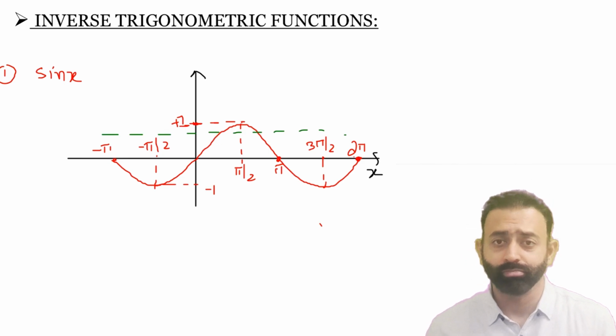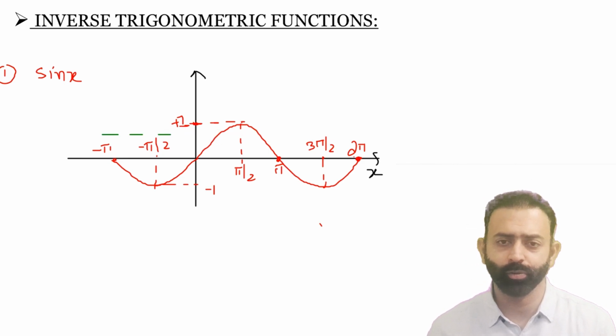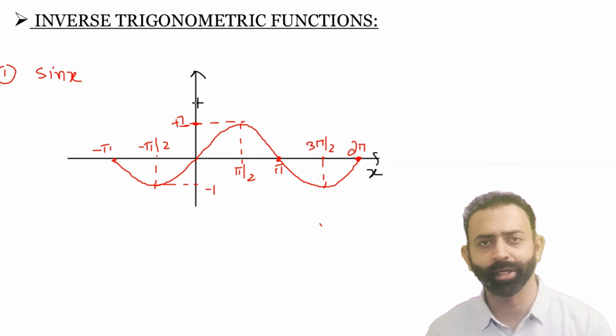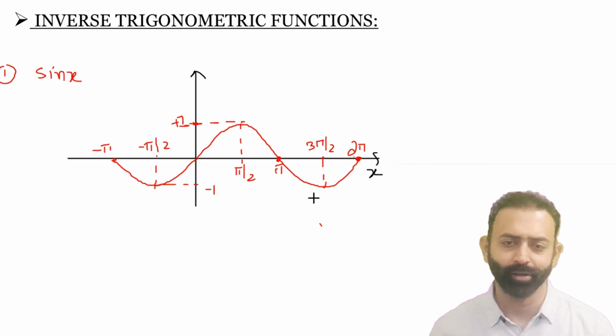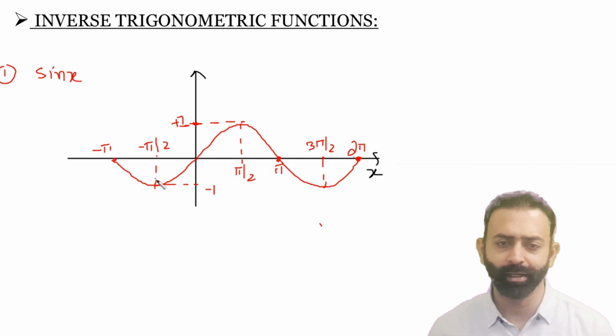Okay, so as I said earlier, we need to make this function one-to-one. So we will search for the domain in which the function is one-to-one, meaning it passes the horizontal line test, right? So we can find one interval between -pi by 2 to +pi by 2. As you can see, between these two values, the function is one-to-one.